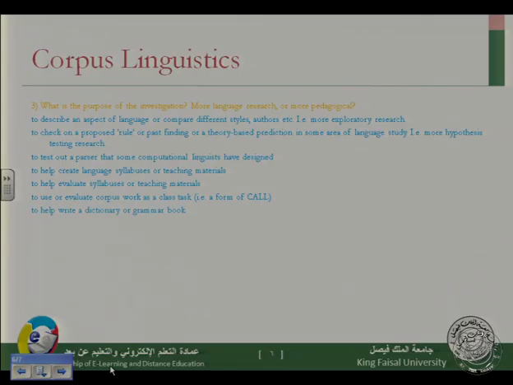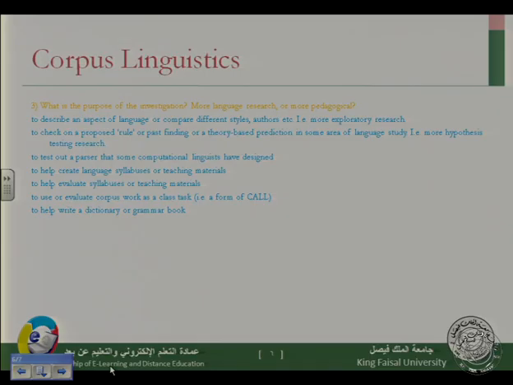To help write a dictionary or grammar book, as I said, a corpus is sometimes used to write a dictionary. From the corpus, you can get how people use certain words, and you can get the meaning of the words that you want to include in the dictionary right from the corpus.